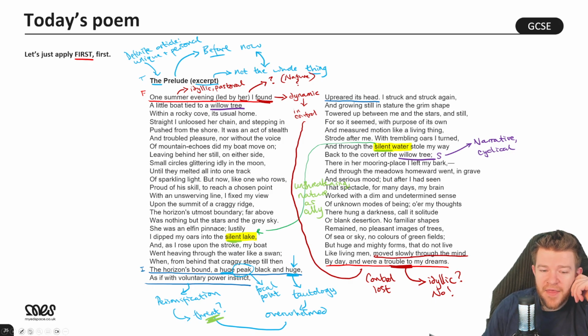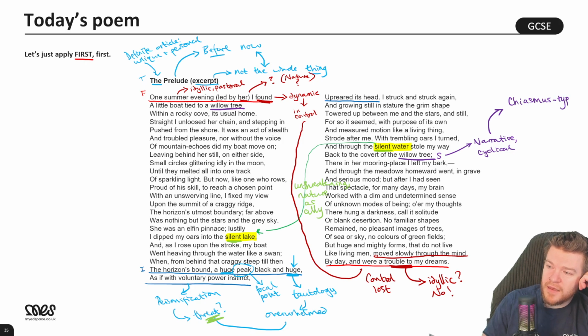Then we're just going to comment briefly on the structure, and we'll notice that because of this cyclical structure, starting and ending with the willow tree and the boat, obviously, like we have the boat there as well, we get this kind of chiasmus type cycle where we move in and then we move out.